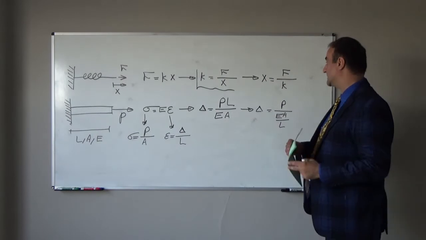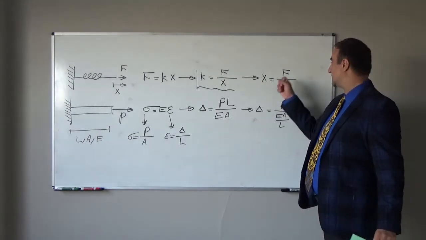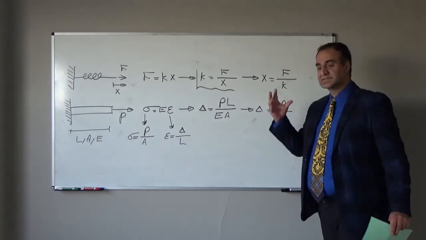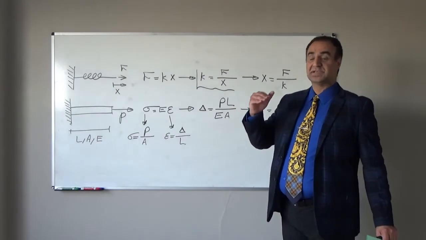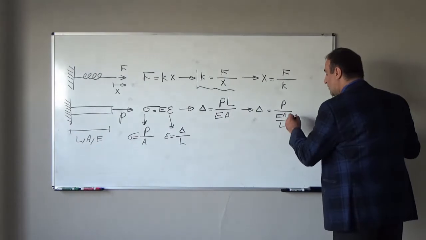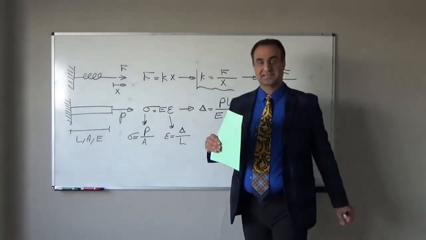Look at here. x is deformation, delta is deformation, F is force, P is force, K is a constant number. It is the spring stiffness, the stiffness of the spring. Here EA over L, again we call it axial stiffness.